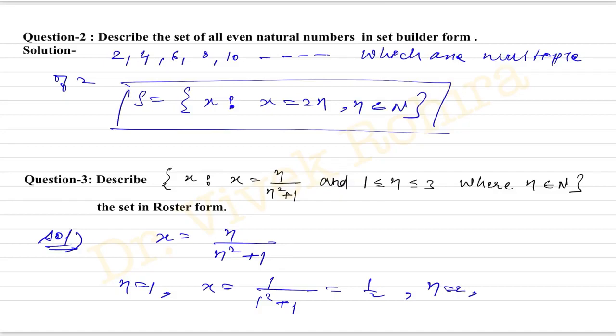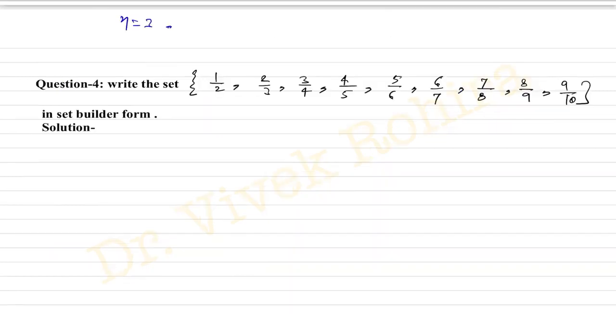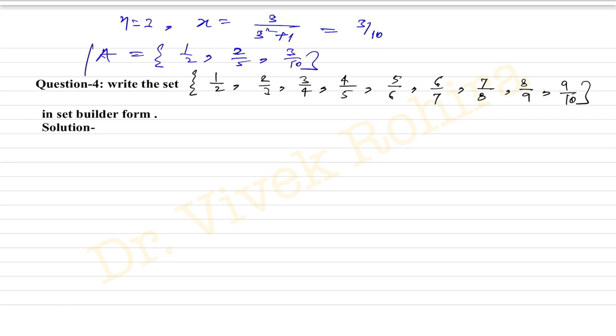For n equal to 2, this will be 2 upon 2 square plus 1, that is 2 by 5. For n equal to 3, X will be equal to 3 upon 3 square plus 1, that is 3 by 10. So this set can be written as A = {1/2, 2/5, 3/10}, which is the roster form.